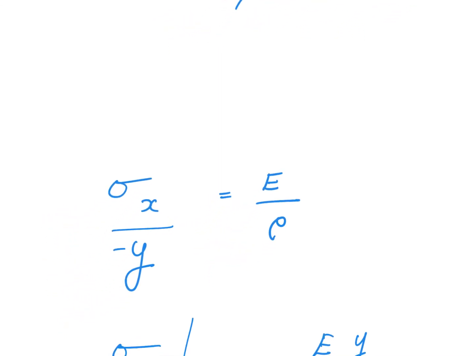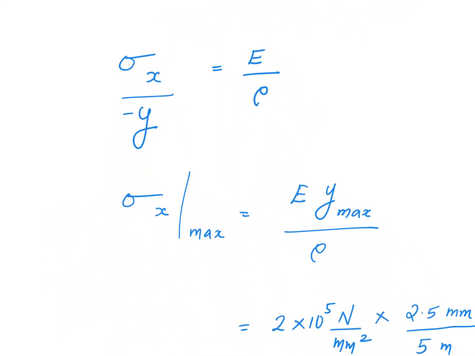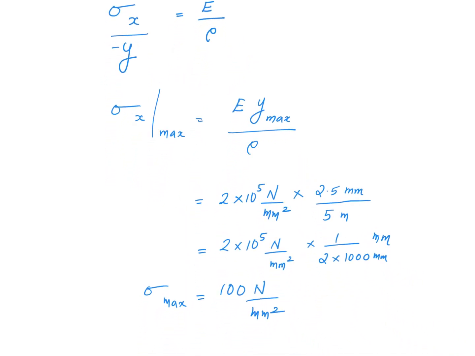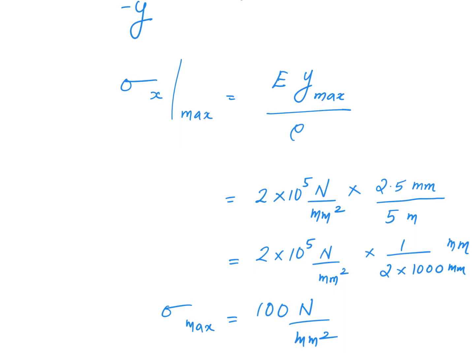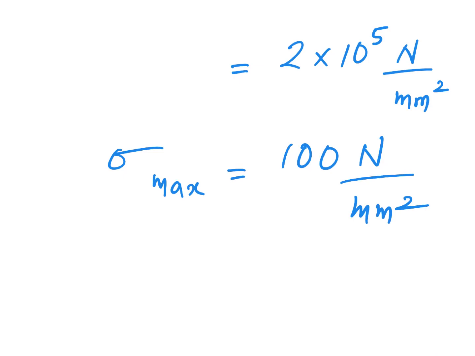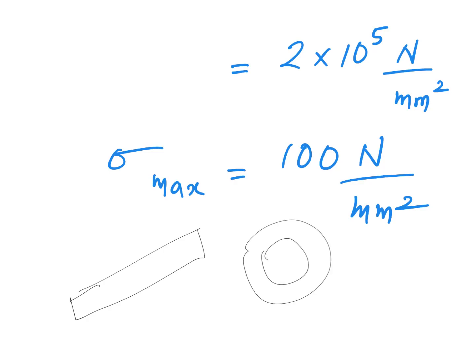Once you know the radius of curvature, you can evaluate the maximum axial stress in this manner. Just plug and check, but always remember to use consistent units so that you get a sensible answer at the end of the day. So this is the maximum stress that comes out when you take a long bar of this dimension and bend it into a circle. Make sense? So thanks for watching.